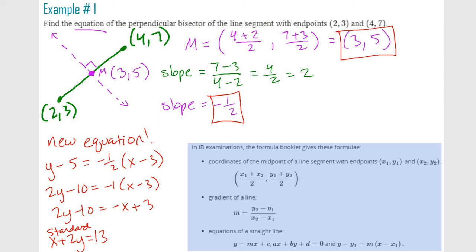And then let's just put this one in slope-intercept form. I'm going to go ahead and simplify this in my head: y equals -1/2 x plus 13 over 2.